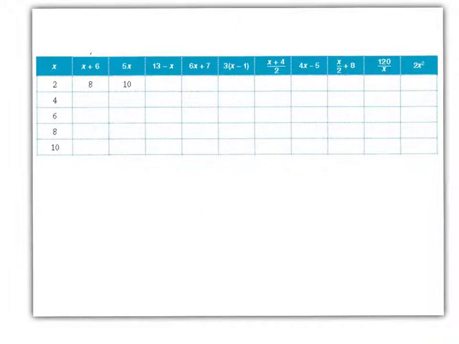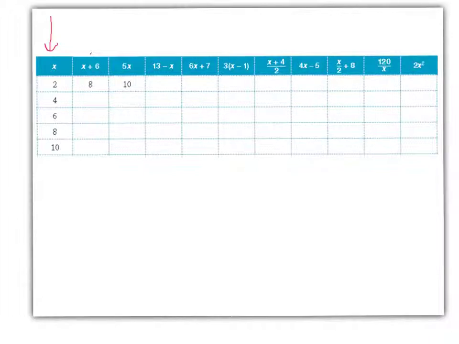Okay, here we have a table where we can practice some substitutions. For each of these rows, we have a different value of x. So for our first row, we will be substituting in the value of x equals 2. So we can see that we have done in the first column, our rule is x plus 6. So substituting in 2, 2 plus 6 equals 8.